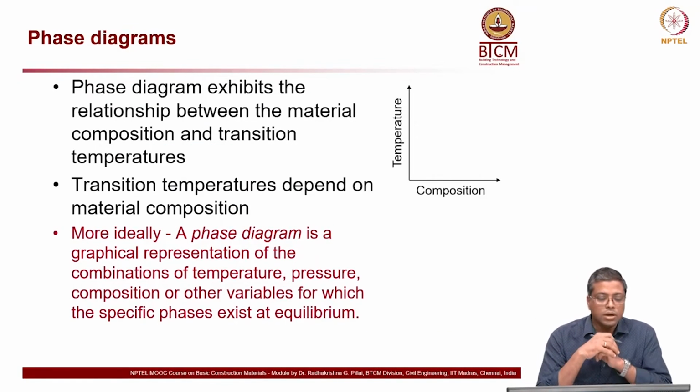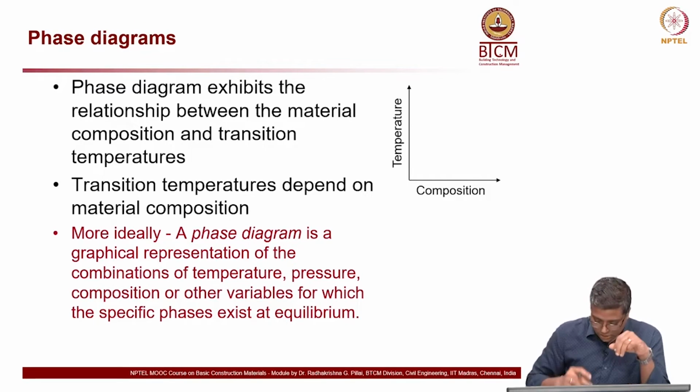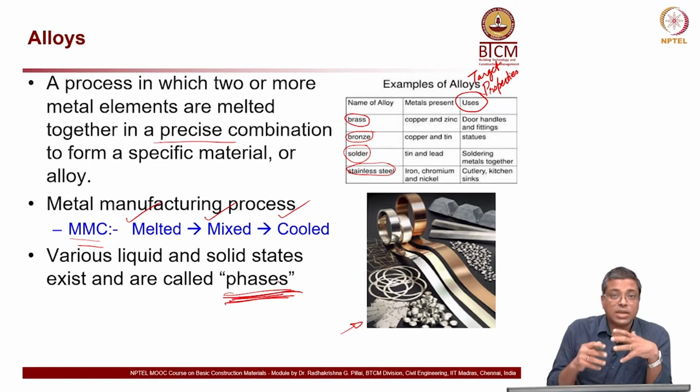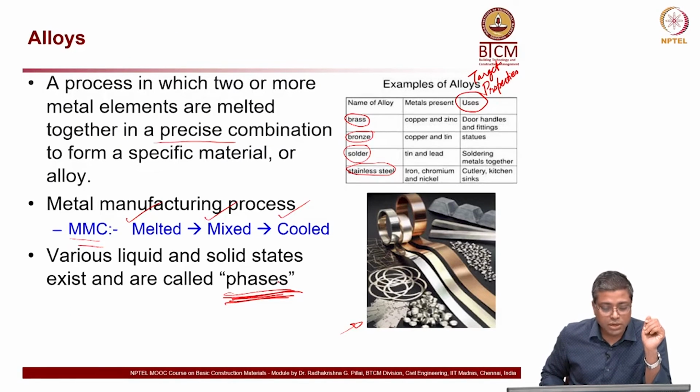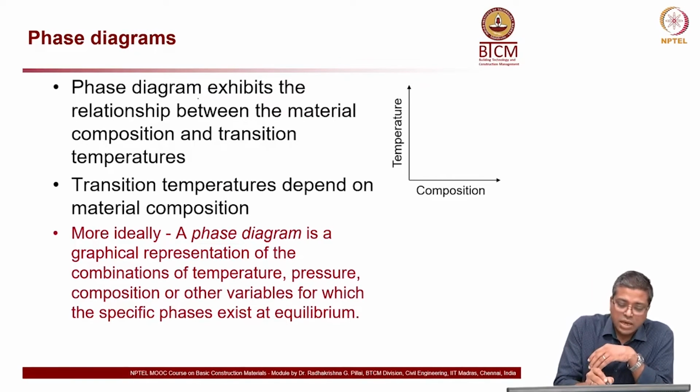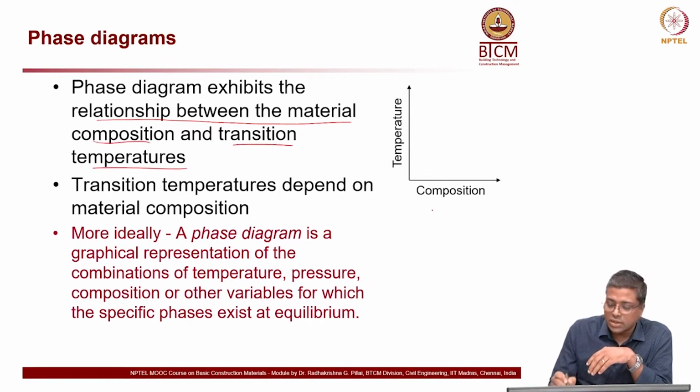Now, phase diagram. We just discussed different phases here, right. Various liquid and solid phases might exist depending on the temperature at which the material is. This is generally understood by something called a phase diagram. A phase diagram exhibits the relationship between the material composition and transition temperature.